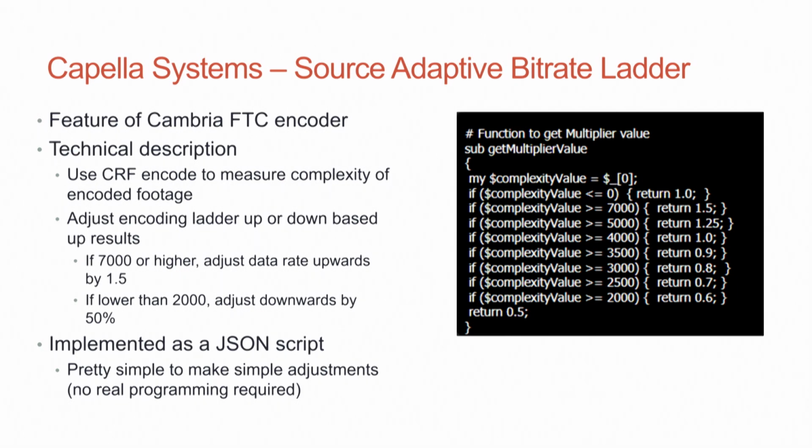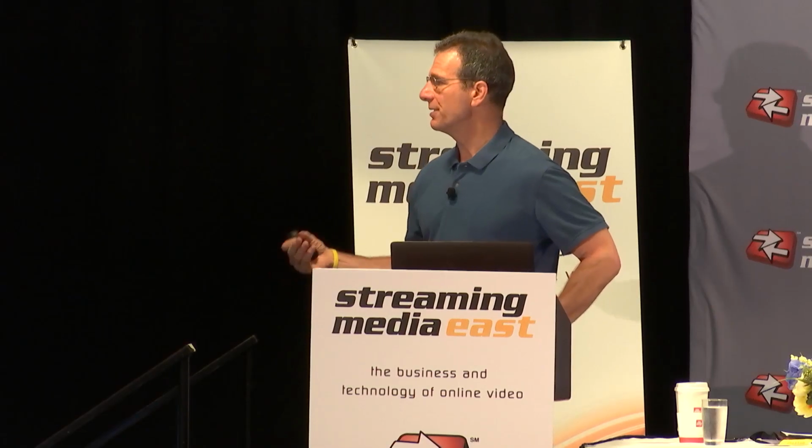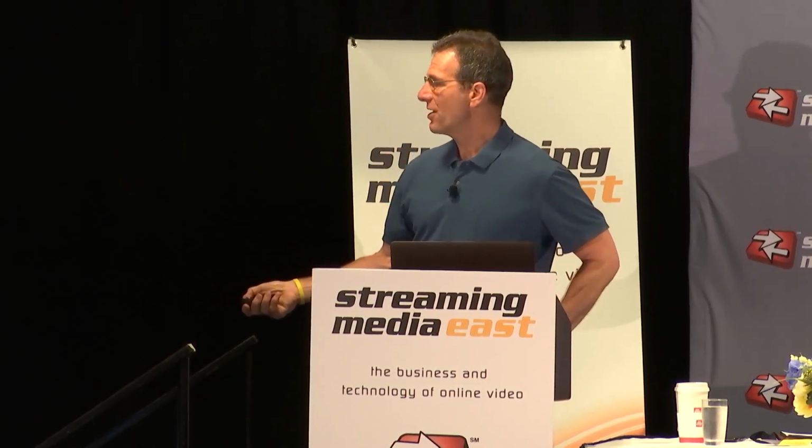If it comes in at 2 megabits per second, decrease every rung in the ladder by 40%. And what you can also do via JSON is you can put logic in that says, if the value is low, increase the resolution of the clip, and if the lowest data rate is X, throw that rung out.